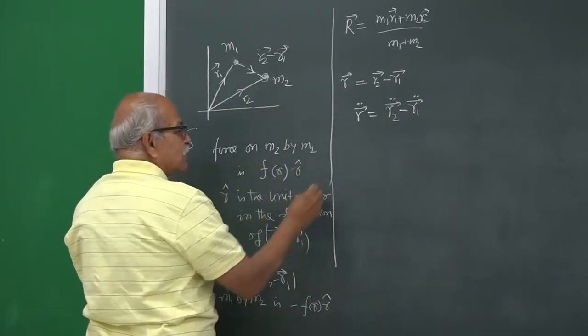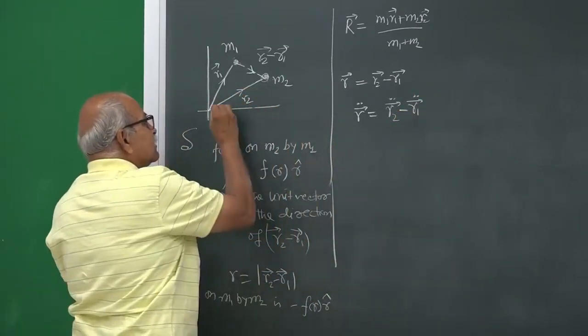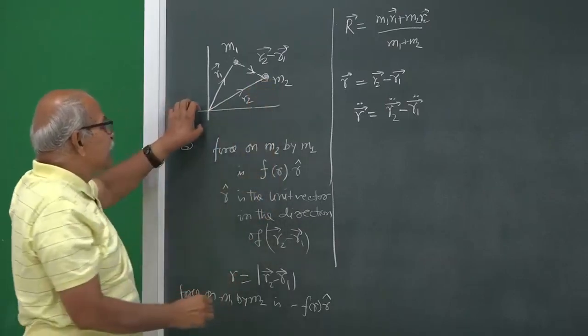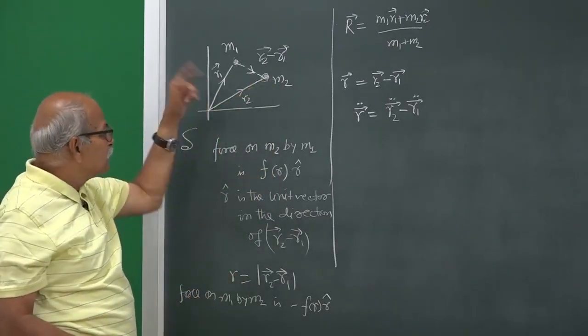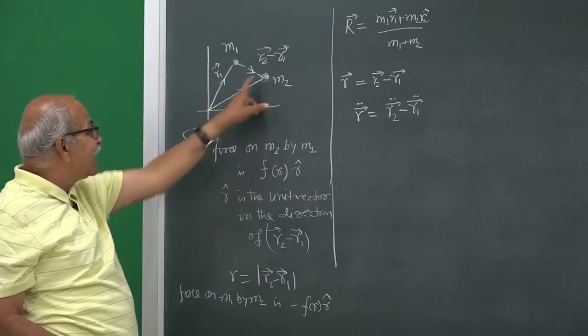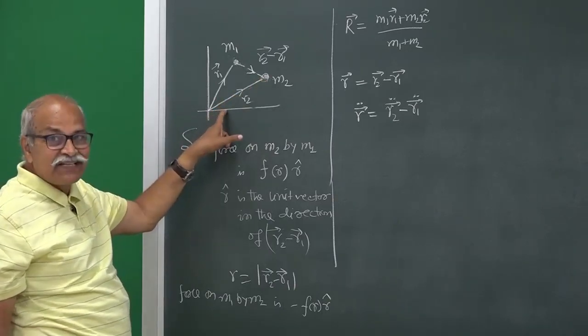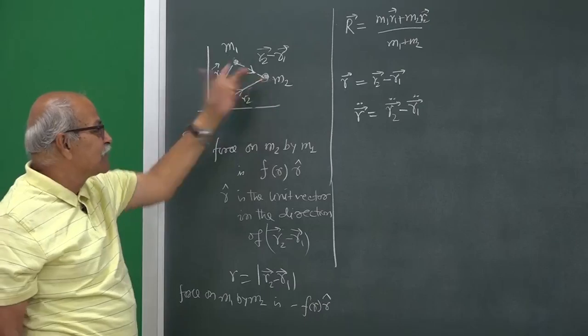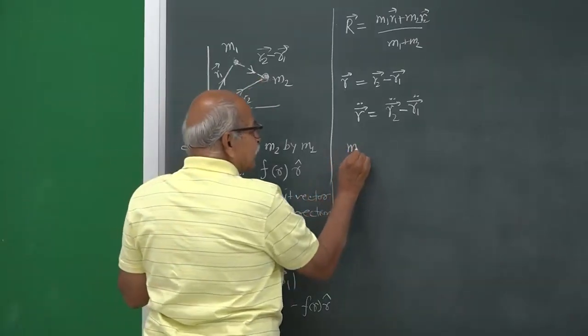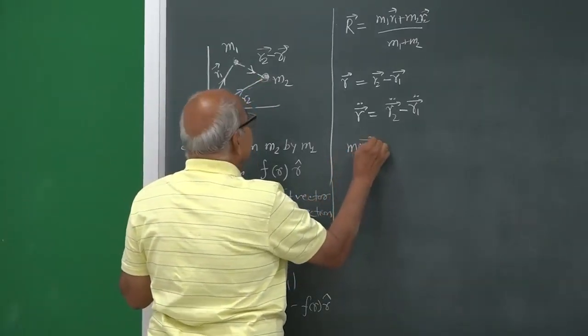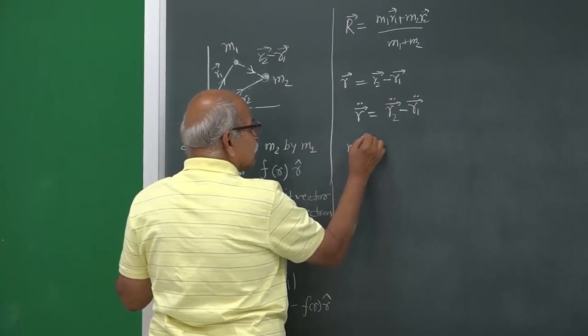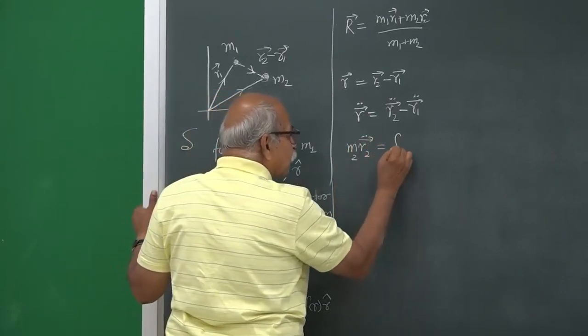And what is r2 double dot? This is r2 in an inertial frame, and r2 double dot is the acceleration of this particle as seen from the inertial frame, which will be force divided by mass. So m2 times r2 double dot is equal to the force.